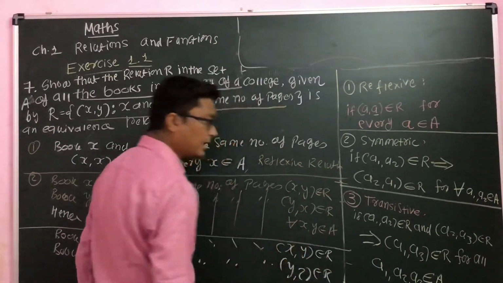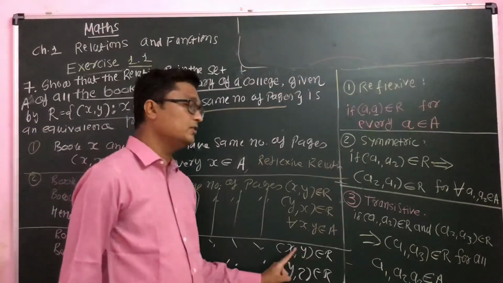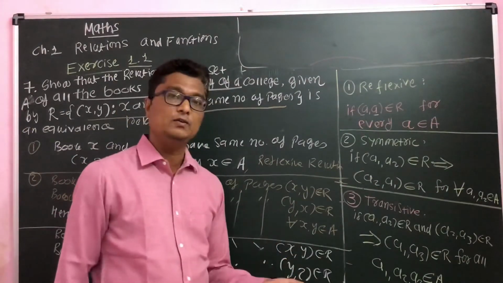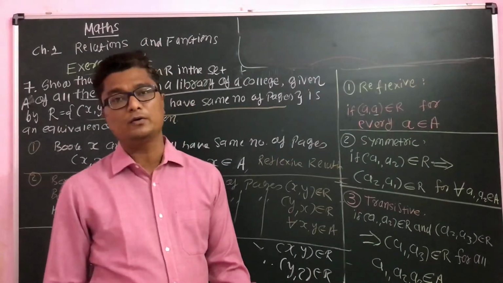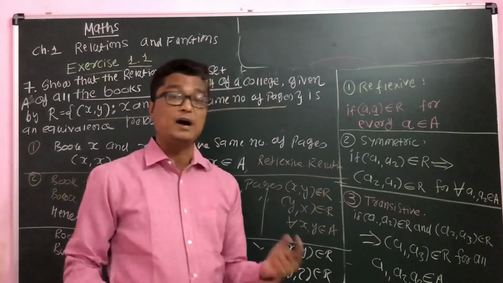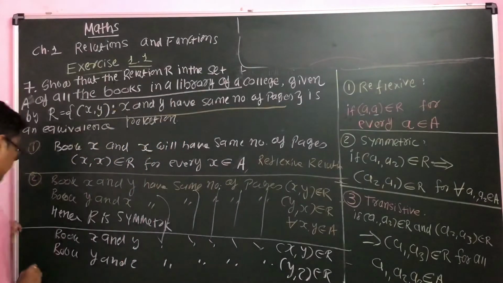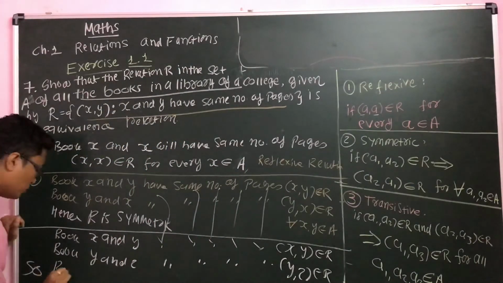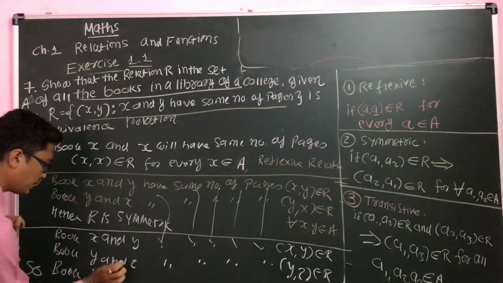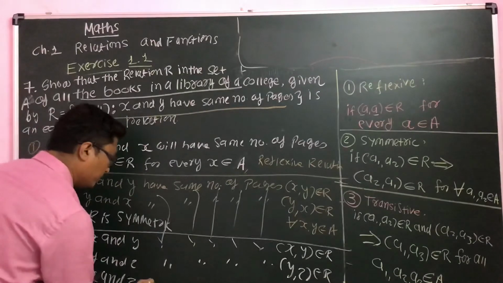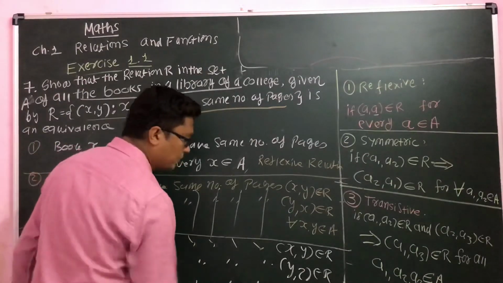So (Y, Z) belongs to R. अभी देखो X और Y दोनों के पेज नंबर सेम है, 100 है मान लो. Y और Z के कितने होंगे, दोनों के सेम है, मतलब उसके भी 100 होंगे. So obviously X and Z will have the same number of pages, right? So books X and Z will have the same number of pages.